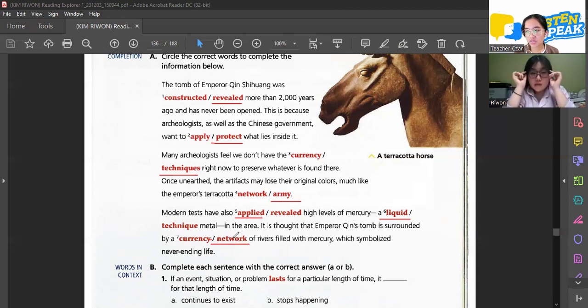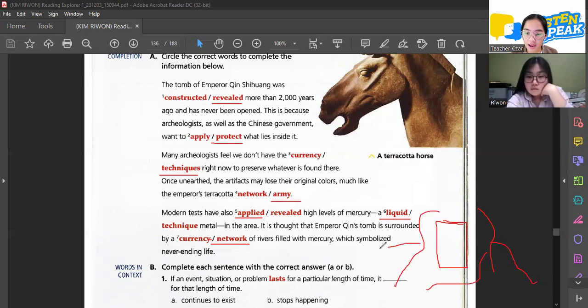So a network of rivers is like a different river system. For example, this one is the tomb of the emperor, and it is surrounded by a network of rivers, meaning there's a lot of paths or systems of river around the tomb.